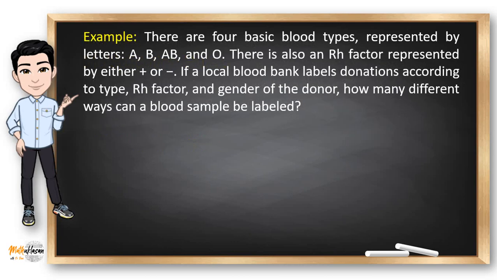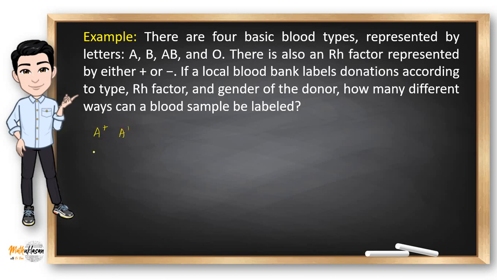Let's have an example. So here, there are 4 basic blood types represented by the letters A, B, AB, and O. Now, in genetics, of course, we also have what we call the Rh factor, right? We actually have type A, and we can classify them as A plus or A minus.